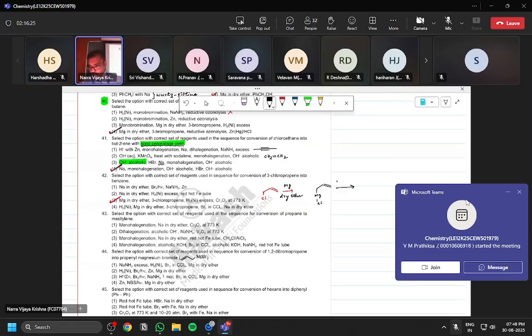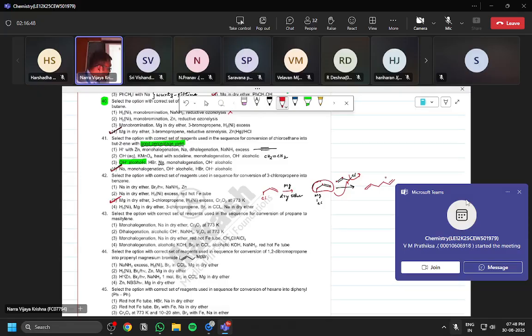So I am adding 1, 2, 3. What happened to this one? This whole group acts as R minus. This R minus will go and attack here, making the chlorine leave. Then what is the chain length? 1, 2, 3, 4, 5, 6. I got one double bond here, one double bond here.